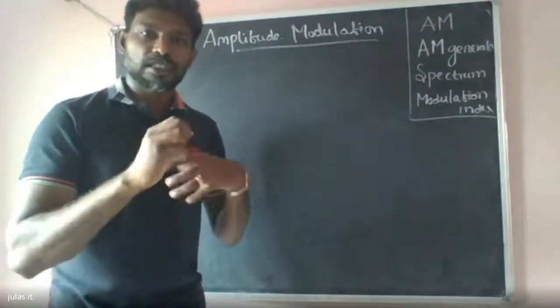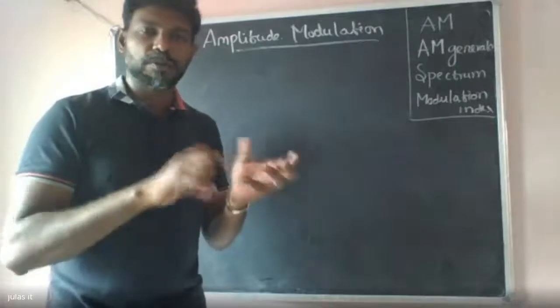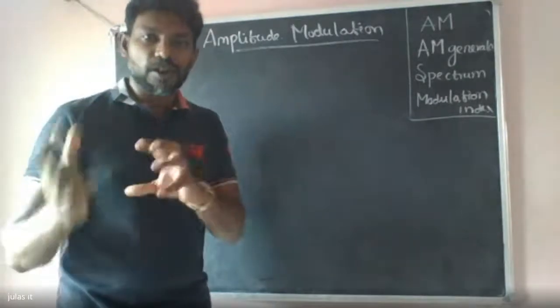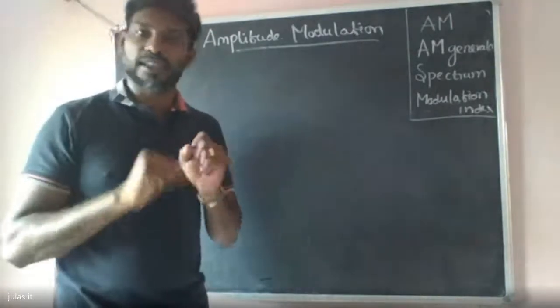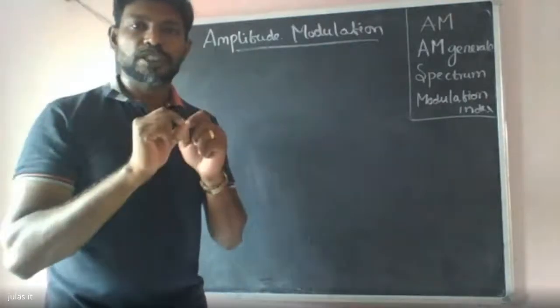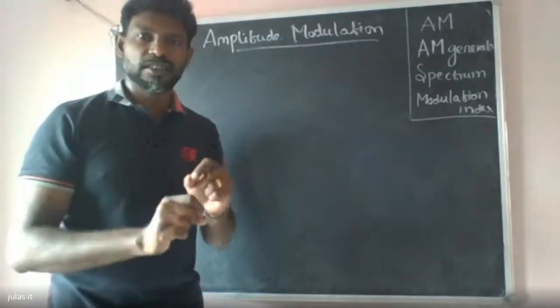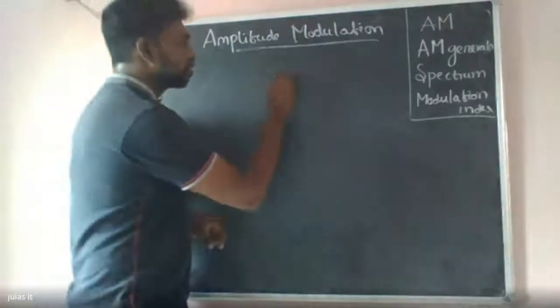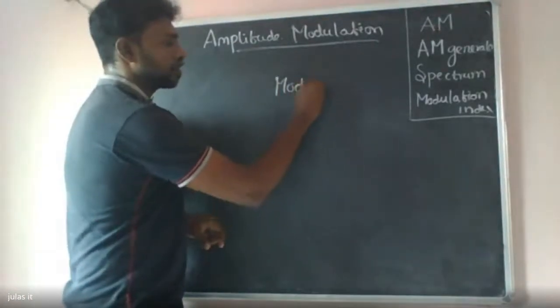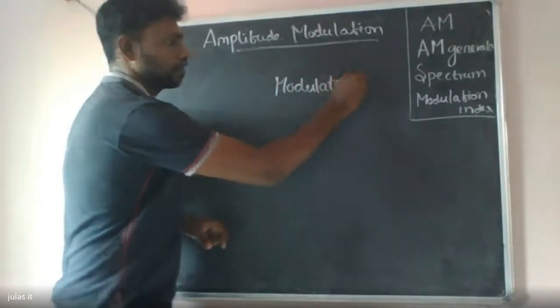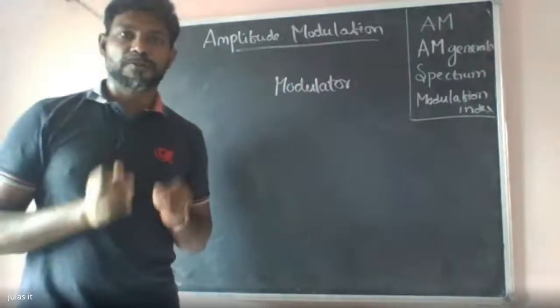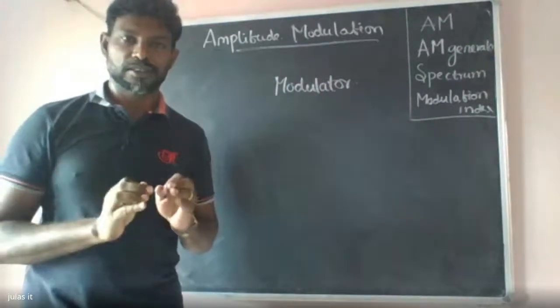Or we superimpose each other to produce an output signal which is called a modulated signal. The part doing this modulation is the modulator, right? So the modulator is responsible for doing modulation.